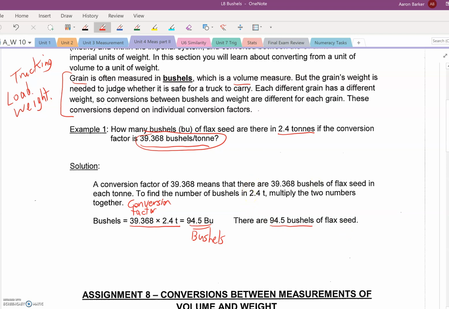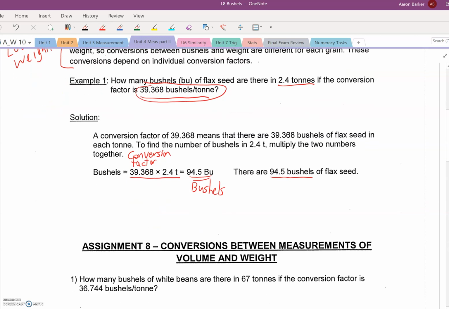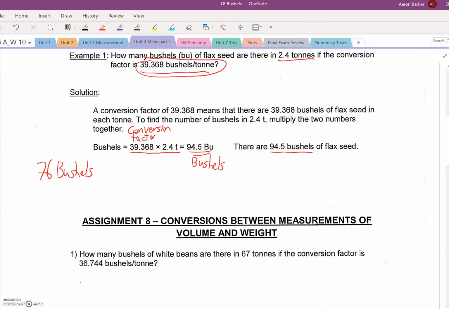Now the other question is, if I give you how many bushels, say your boss says, hey, I've got 76 bushels of seed to haul, and can you haul it in your truck? Well, you look up your conversion factor, and say your conversion factor is, I don't know, say it's 31 bushels per ton.